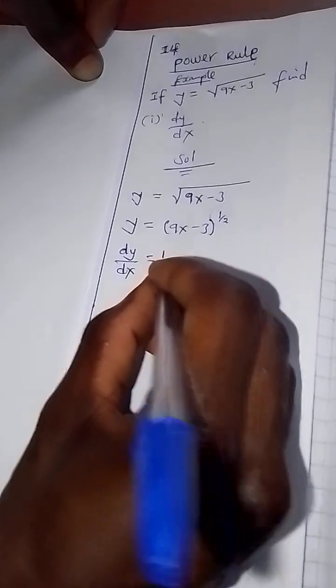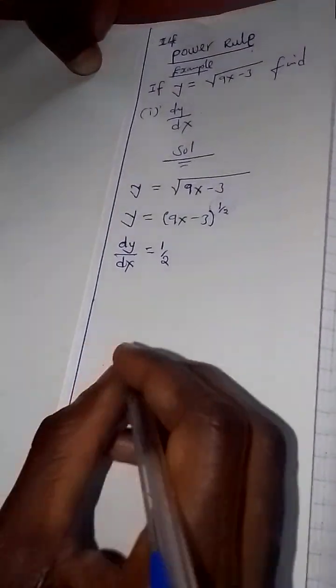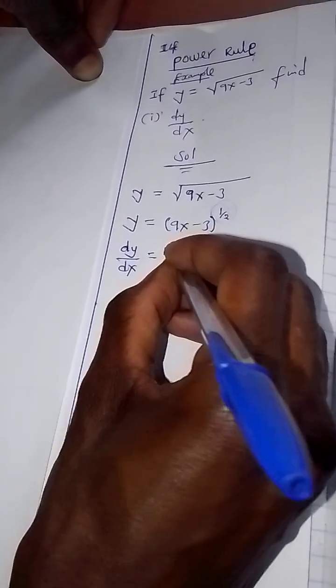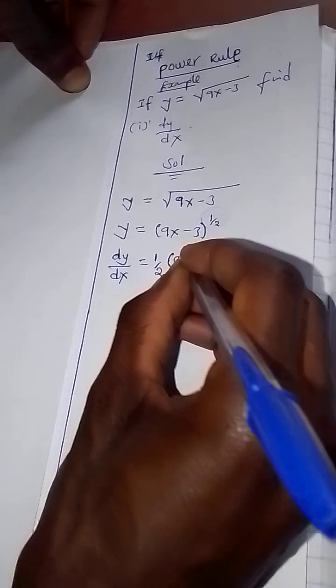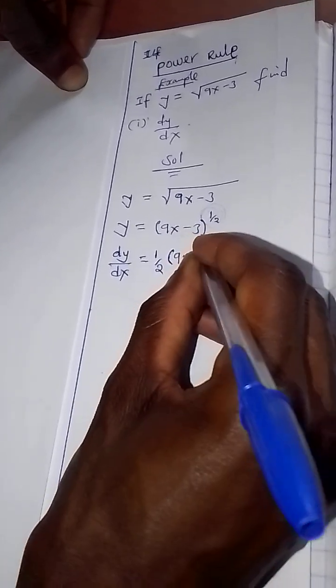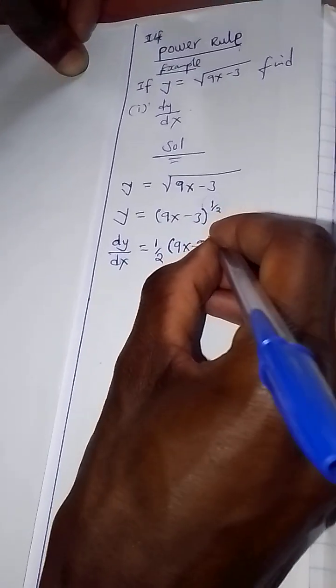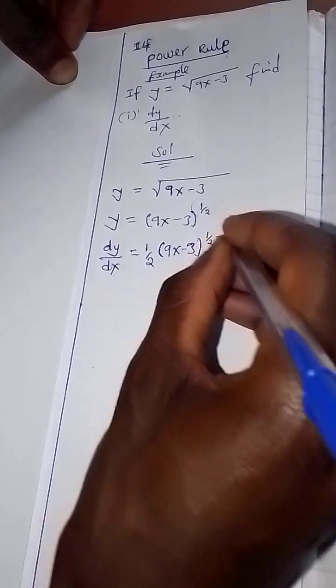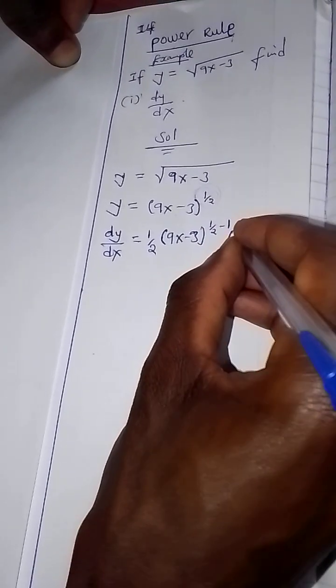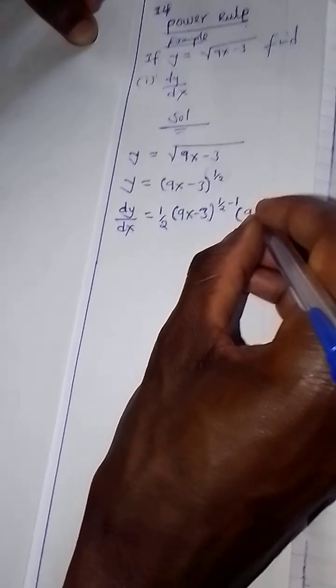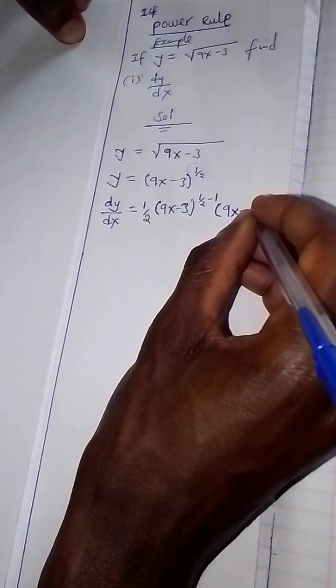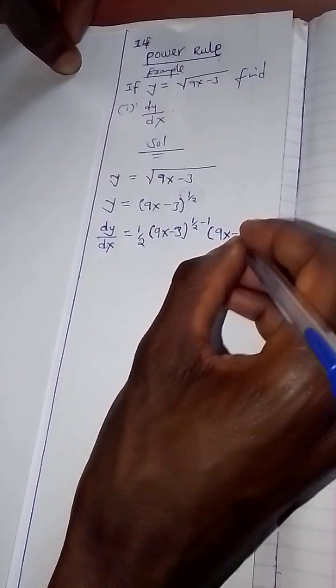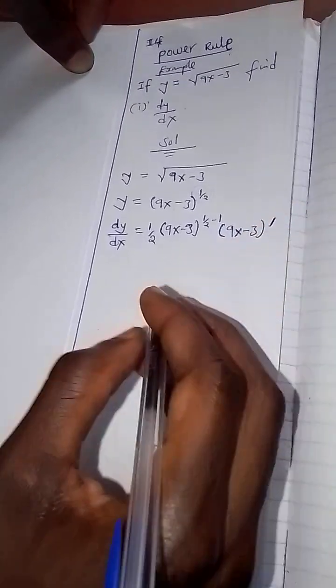It becomes the multiplier. Then we repeat the terms inside the bracket, 9x minus 3. And what happens to the power? The power is reduced by 1. Again we repeat the term inside the bracket, 9x minus 3. And then we prime. What is to prime? To prime is to differentiate this.